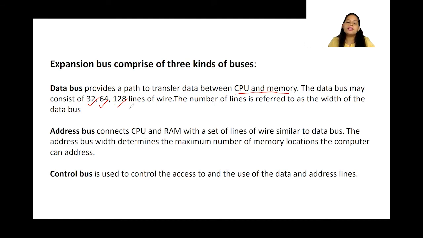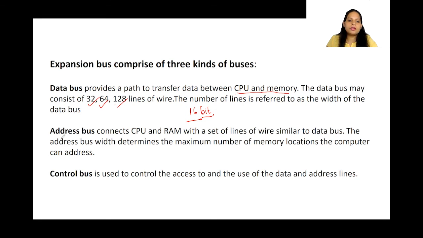Like I said, each wire carries 1 bit, so with the number of wires we can say the width of the data bus. The more bits we have, the faster the computer, isn't it? Suppose we have a 16-bit data bus, then we can transfer 16 bits at a time.